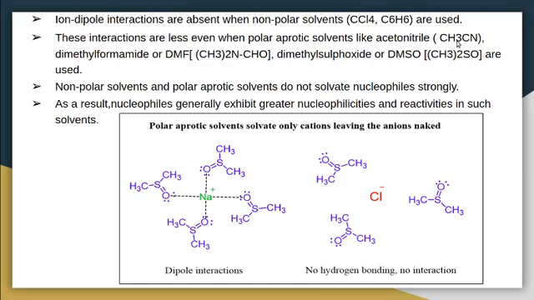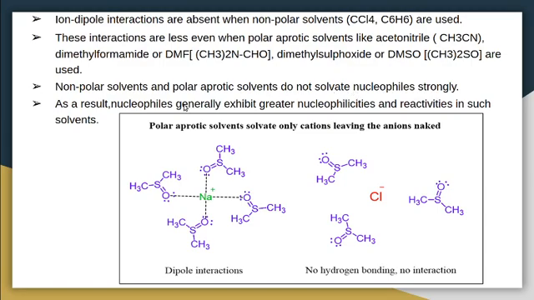We have DMF, DMSO, and acetonitrile as polar aprotic solvents. In that case also there is no ion dipole interaction for the nucleophile. Non-polar solvents and polar aprotic solvents do not solvate nucleophiles strongly.